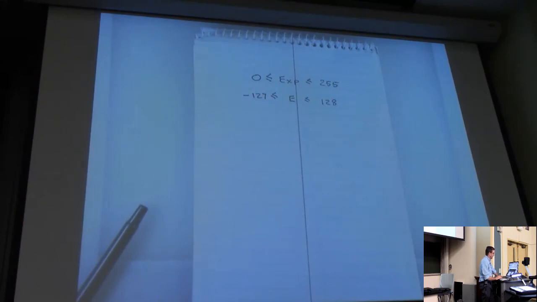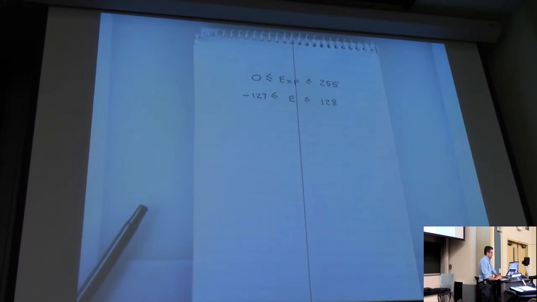So the result is infinity. However, if we reassociate and multiply 2 to the 20th times 2 to the minus 20th, that gives us 1, and then multiplied by 2 to the 20th, we get 2 to the 20th.